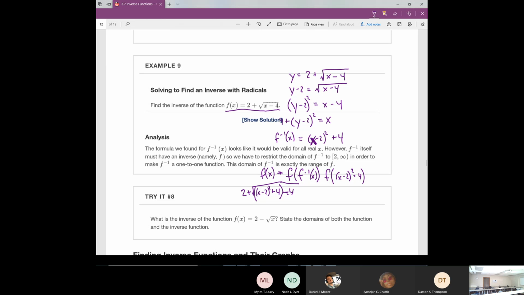Well, look at that, the 4 and the minus 4 cancel out. Well, I know the square root of this is 2 plus x minus 2.